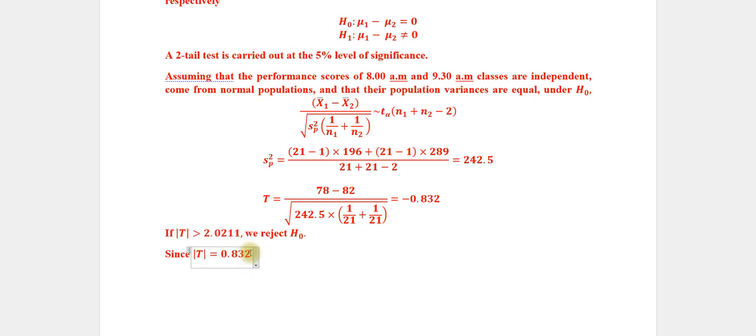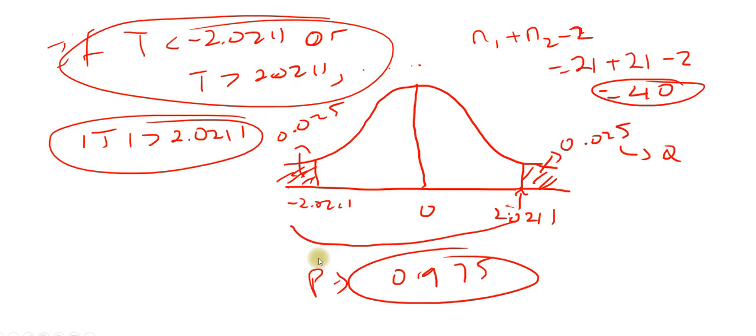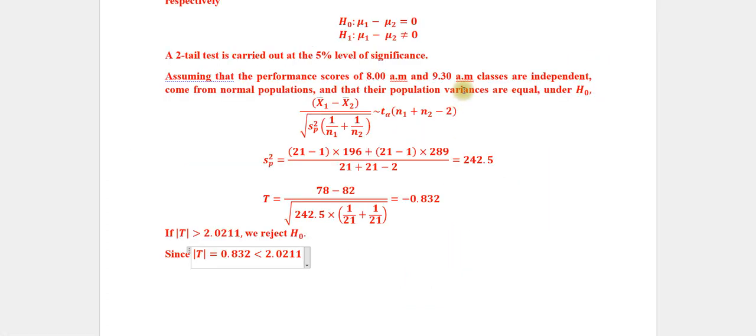If it's not greater, it is less than 2.0211. And if it is less, it means that we should not reject the null, obviously, because 0.832 is somewhere here. It's not in the rejection region, it's in there.